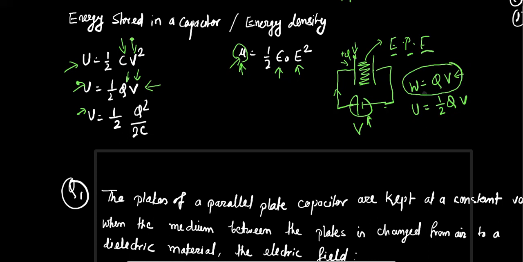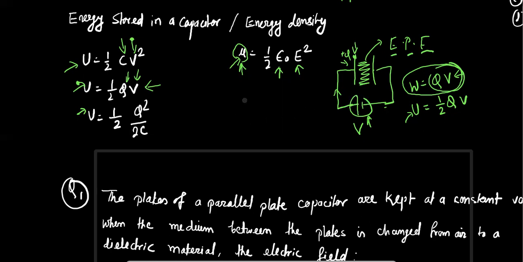Work done or energy supplied by the battery is equal to QV, but the energy stored in the capacitor is exactly half of this value. That's why we can conclude that there is some amount of energy loss while charging the capacitor by any external source.